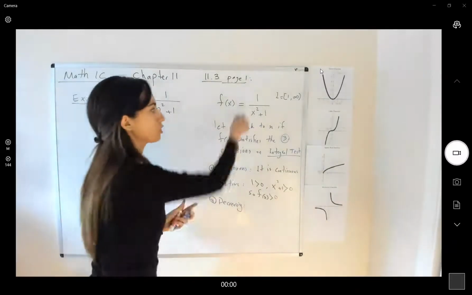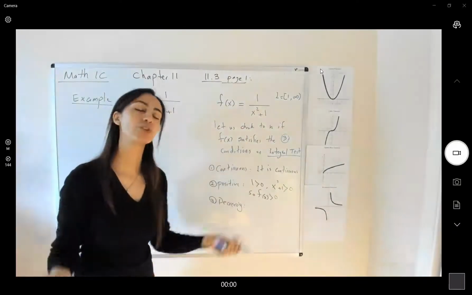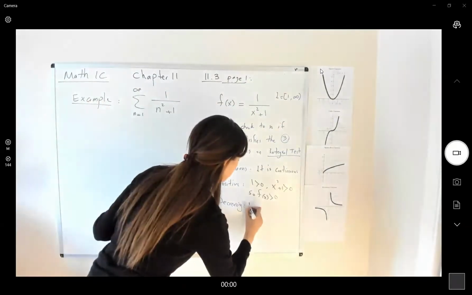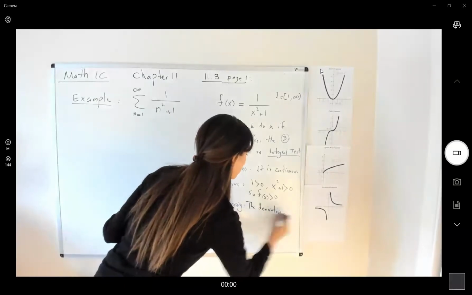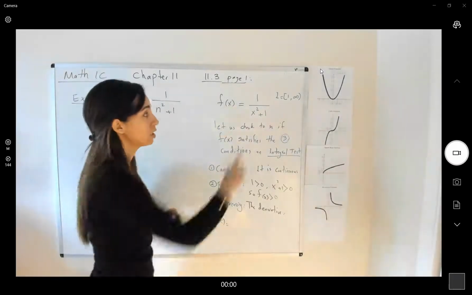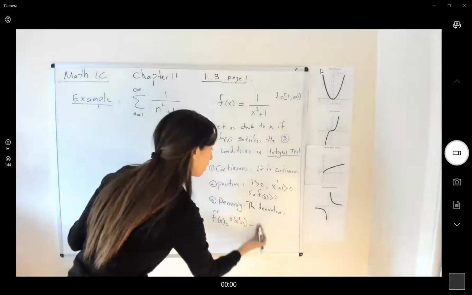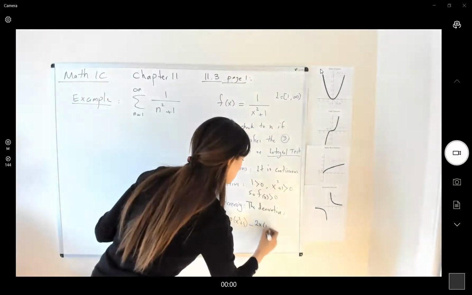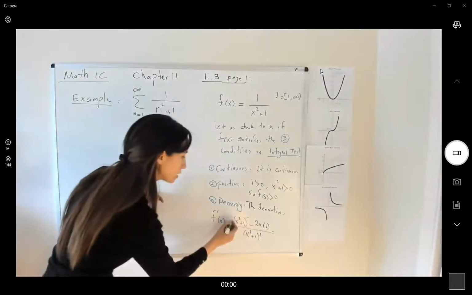So let us take the derivative of this function. If the derivative is negative on 1 to positive infinity, you say that, hey, I have a decreasing function. So the derivative, f prime of x, here you have a quotient function: the derivative of 1 is 0 times x squared plus 1, minus the derivative of the denominator, 2x, times 1, divided by x squared plus 1 squared. The first term is just 0.